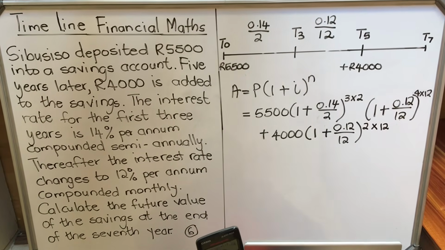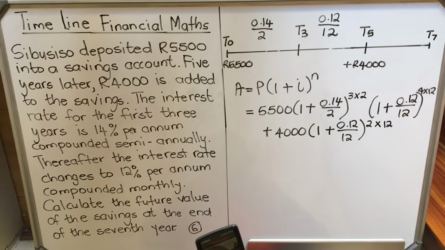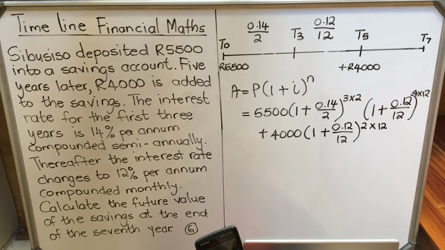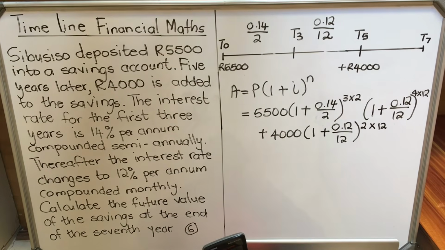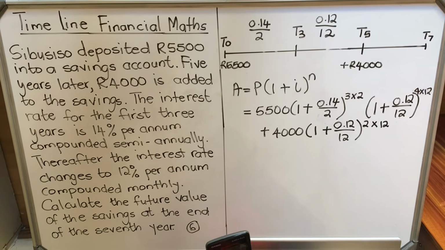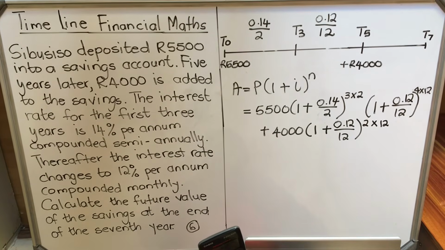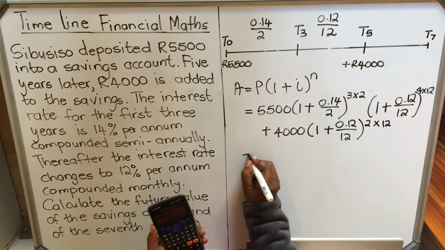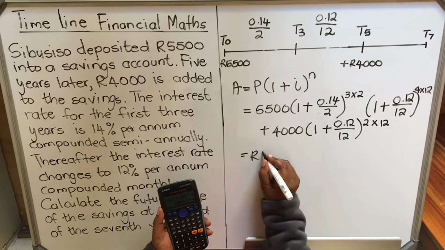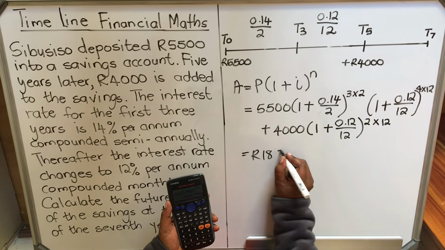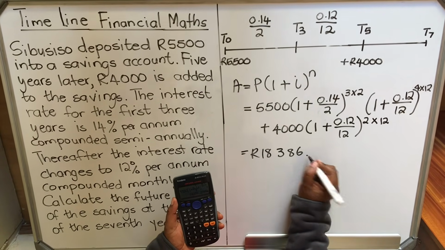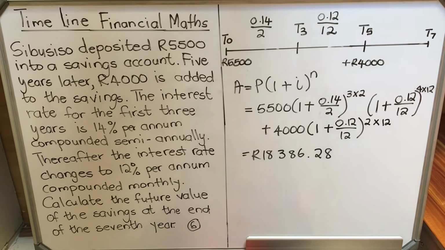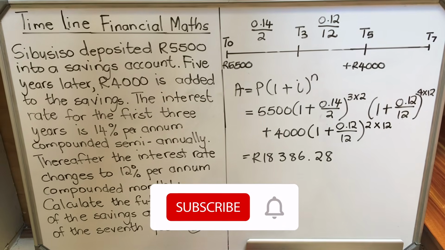Plus 4,000, open bracket 1, plus fraction 0.12, go down 12, close bracket, power 2 times 12, equals. Then you have your answer, which is 18,386.028. Okay, this is how you calculate using timeline.